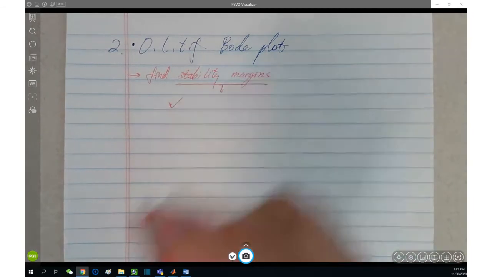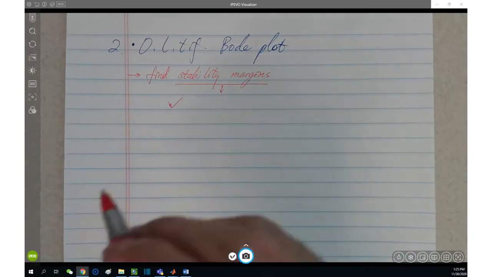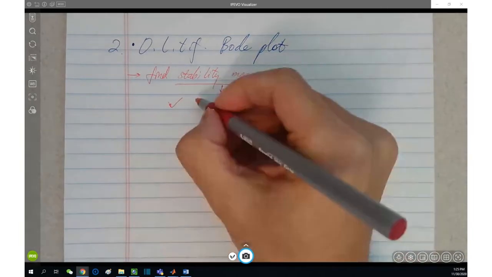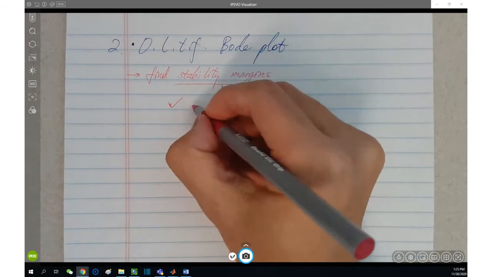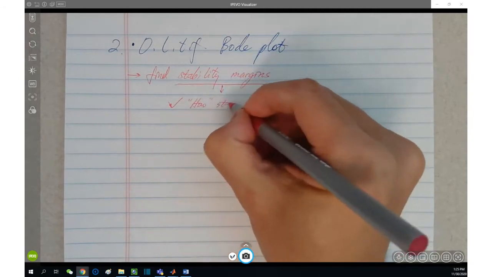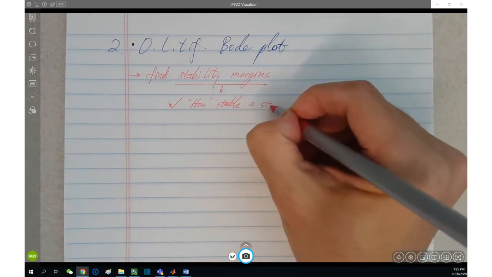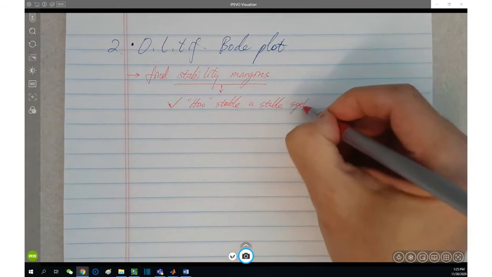The first concept about it is how stable a stable system is.